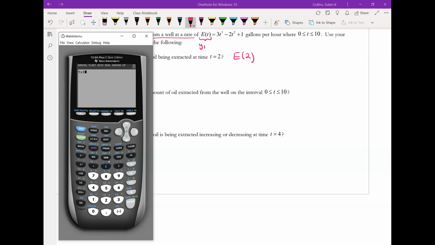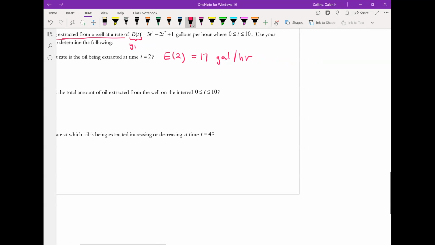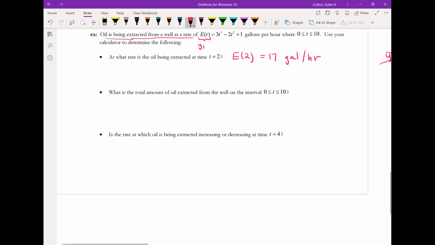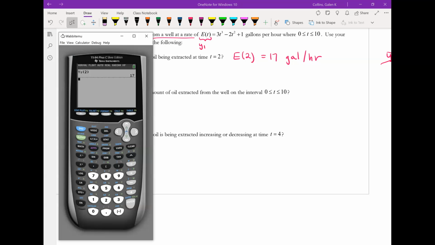And the calculator knows function notation, so you have to use parentheses, and we get 17. And so if we include our units, that would be 17 gallons per hour. Don't ever use calculator notation. So even though we plug that into y1, don't say y1 of 2. The function's not named y, the function is named E.